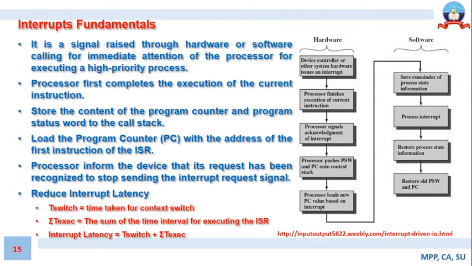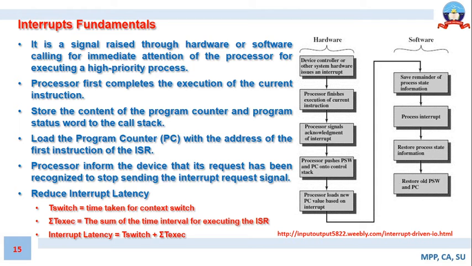The processor finishes execution of the current instruction, as we have learned, and then the processor signals acknowledgement of the interrupt. So the processor lets the device know that, okay, I have received an interrupt and I may process that interrupt at a later point in time.